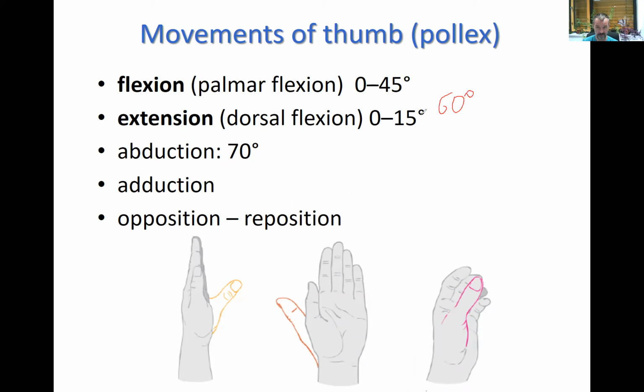Then abduction, as you can see here, allows even 70 degrees. And then a combined movement of the carpometacarpal joint and of course the metacarpophalangeal joint is the opposition and reposition of the thumb. So this saddle joint allows us to perform these complicated movements in all 3 axes.